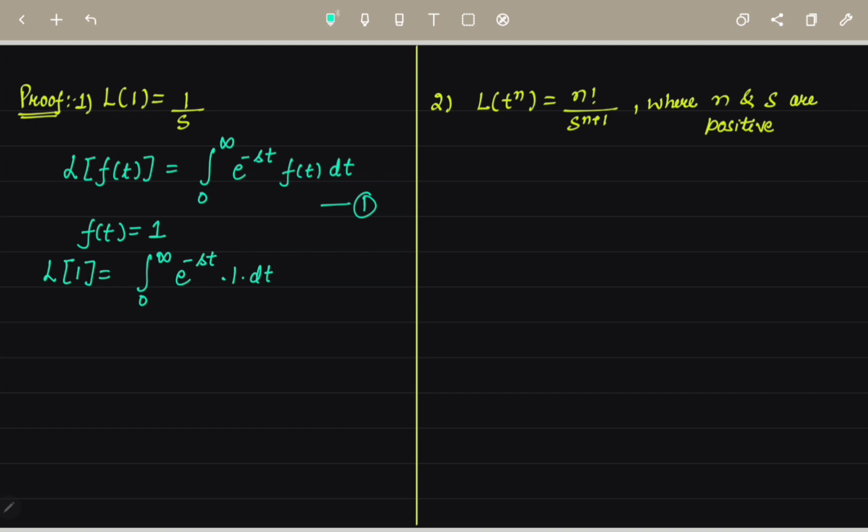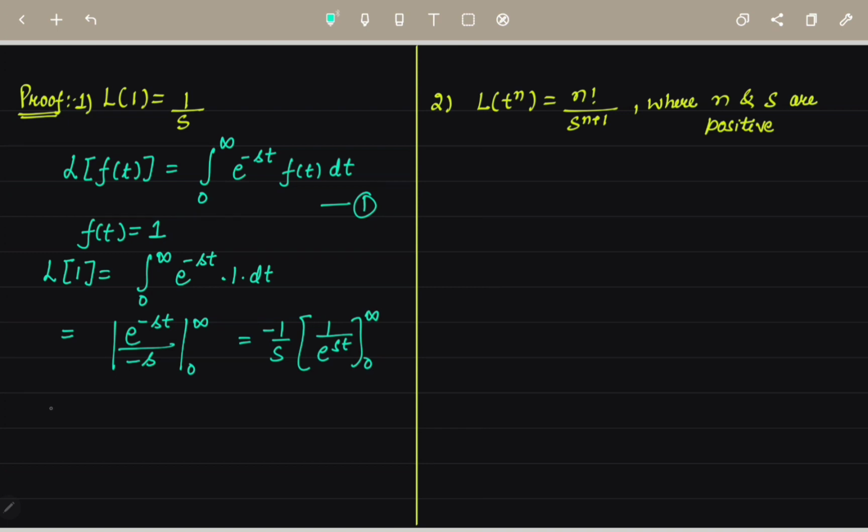Okay. So now I will simply integrate this function. So it will be equal to e raised to the power minus st divided by minus s, with limits 0 to infinity. Or I can write it as minus 1 by s, then 1 divided by e raised to the power st, with limits 0 to infinity.